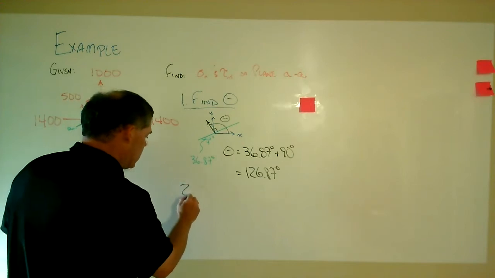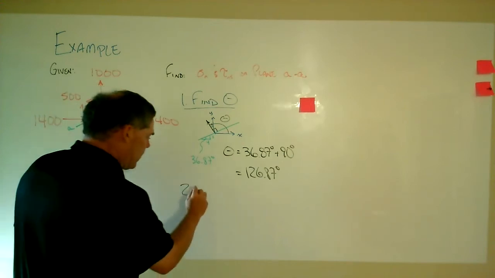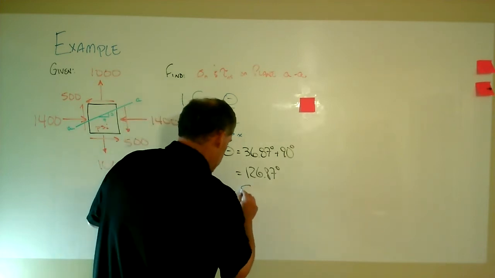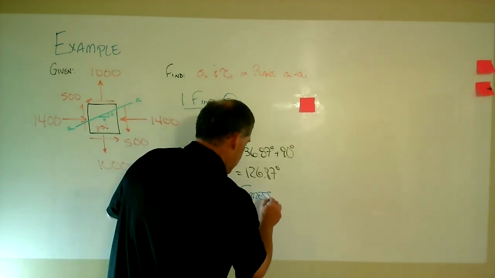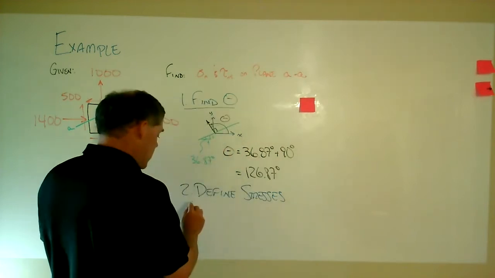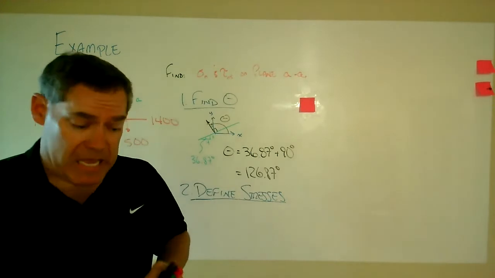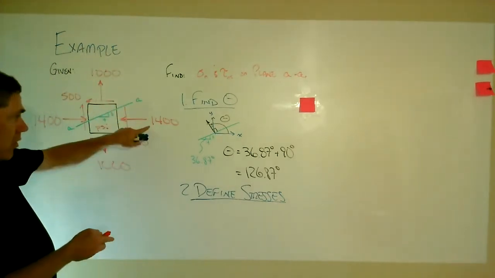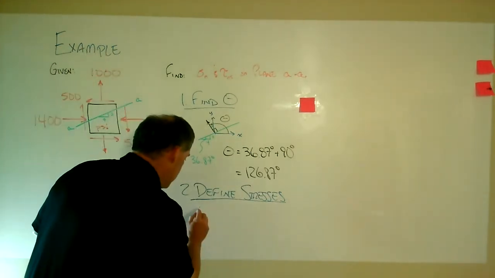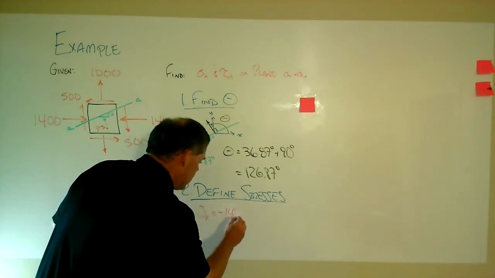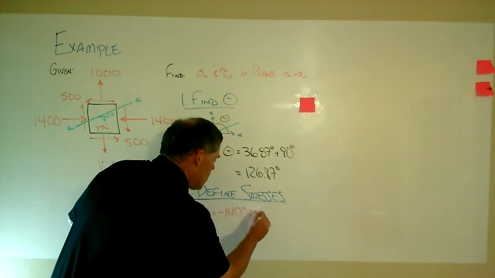Then another one is to define your stresses. By that, I mean sigma x, sigma y, and tau xy, including their signs. That's particularly crucial. So sigma x is in compression, which would make it negative, so that's a minus 1400 psi.